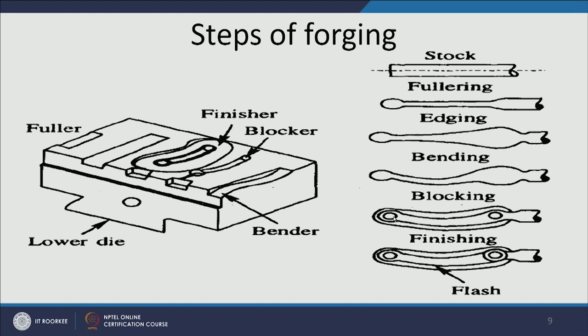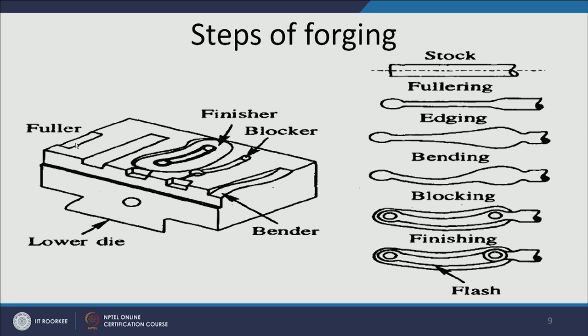The blocking helps us get the shape closer to the desired shape, and then finishing will help us in getting the final size and shape, and once that is achieved, the extra material which is left can be removed with the help of the trimming. So, these are the different steps which have been shown.